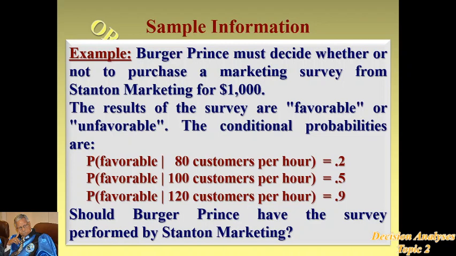So we have two types of conditional probabilities: favorable given 80, 100, 120 customers, and unfavorable given 80, 100, 120 customers.